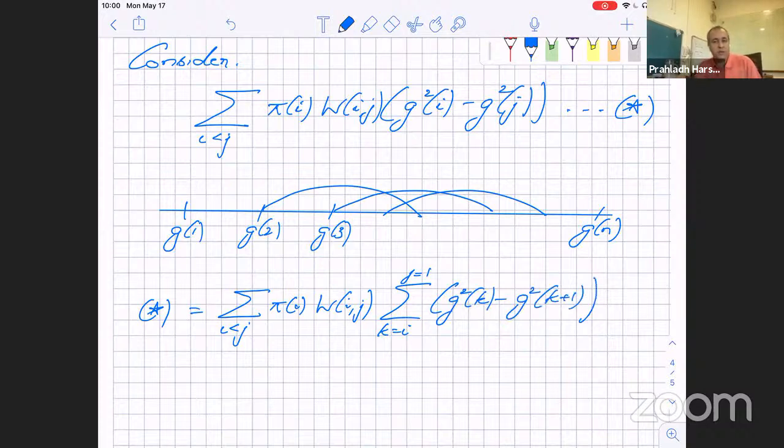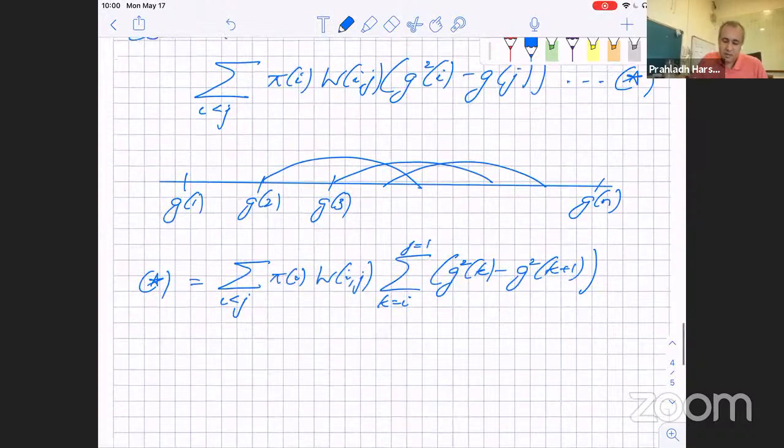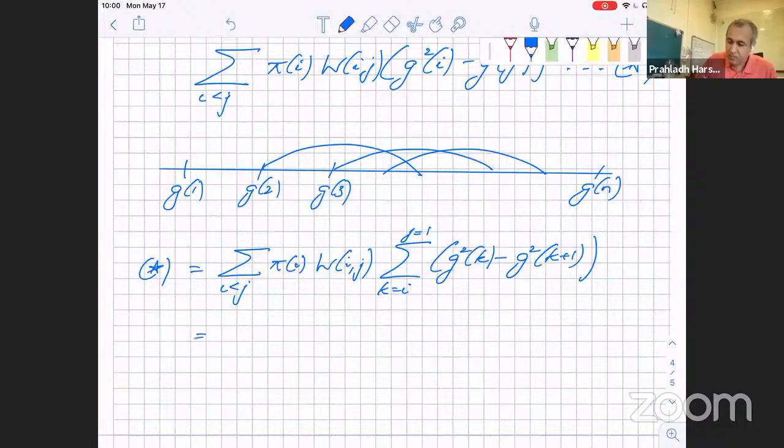And that sum will just come out to g square i minus g square j. Now let's reverse the order of the summation. So I want to write this first as k equals 1 to s. These are the only terms that matter here. g square k minus g square k plus 1.